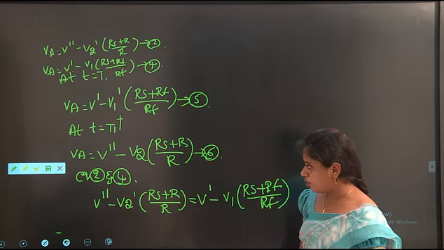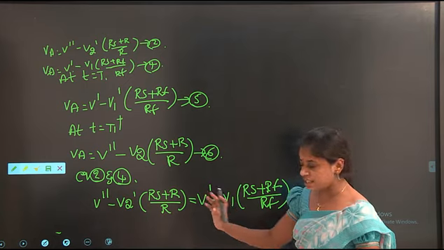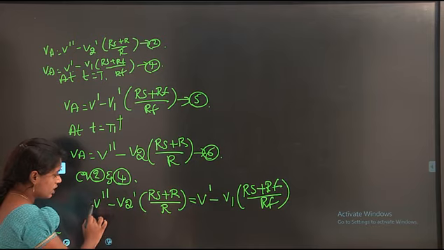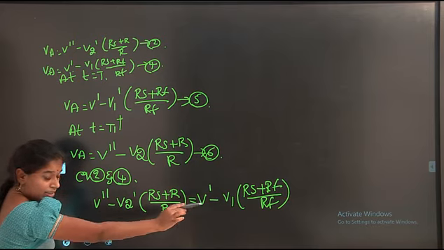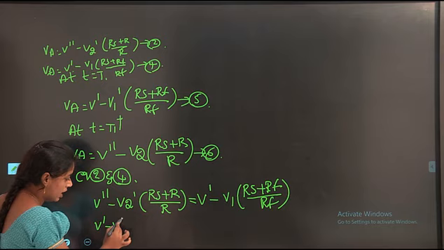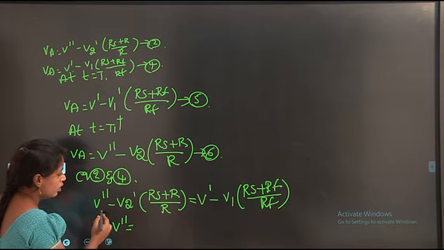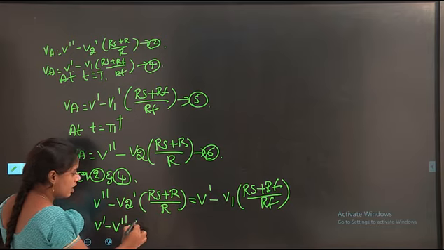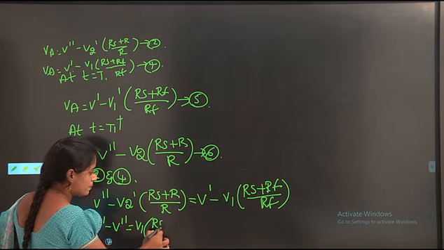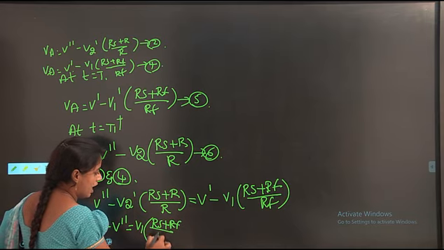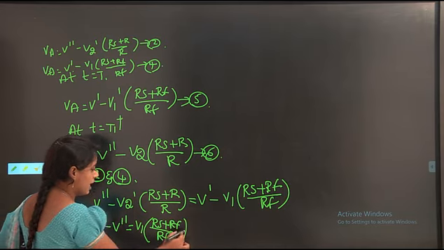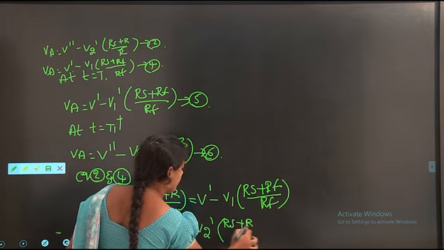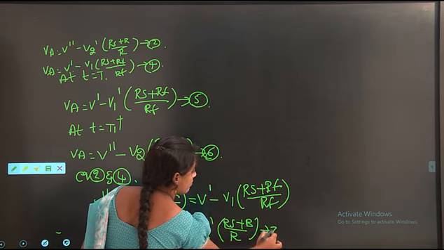By equating these two equations, we change them into simpler conditions. We just shift the V double dash signal to that side, that is V1 minus V double dash, which is equal to, obviously V1 becomes positive when shifted to this side, V1 times (RS plus RF) by RF, minus V2 dash times (RS plus R) by R. So it is equation number 7.